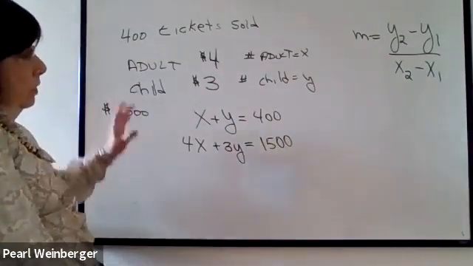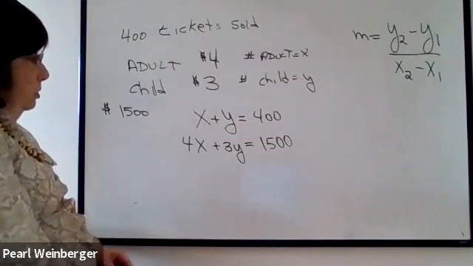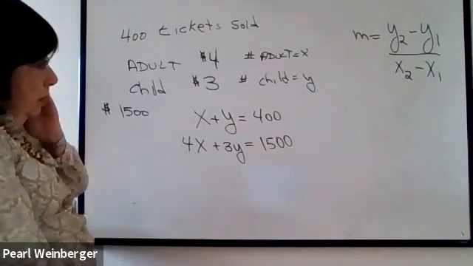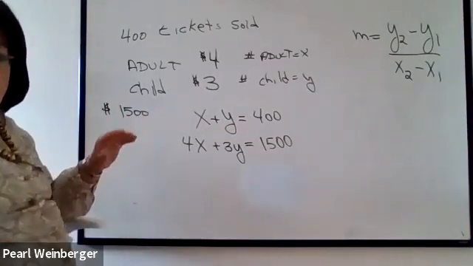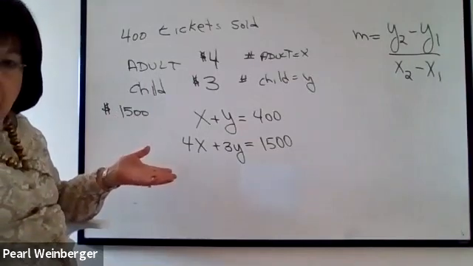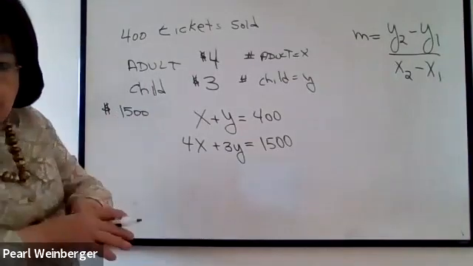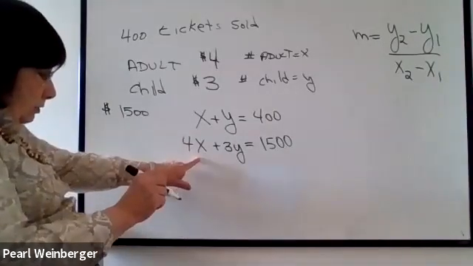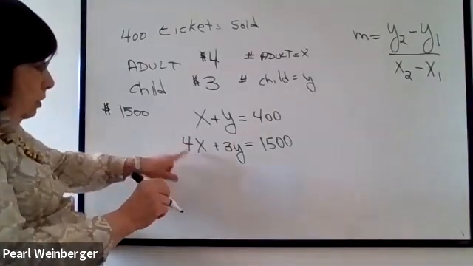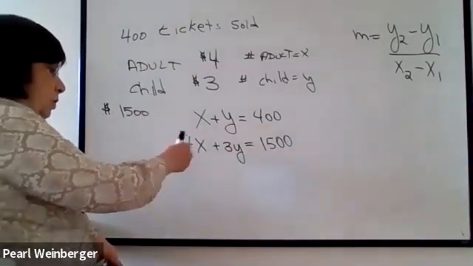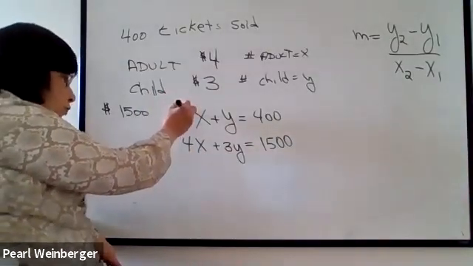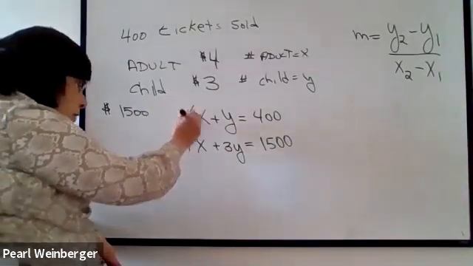All right, now we want to solve the system of equations. And we want to either get rid of the X or the Y. What should I get rid of, the X or the Y? Any suggestion? You get rid of the X. Okay, if we want to get rid of the X, then since this is 4X, I'm going to have to multiply this one by 4 and this equation by 1.